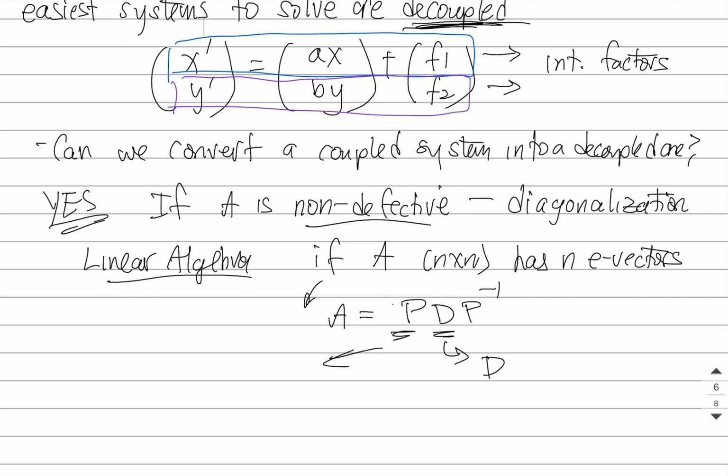D is a diagonal matrix that holds all of your eigenvalues along the diagonal and zeros everywhere else. And P is this matrix that has the eigenvectors that correspond to each eigenvalue in the proper spots.